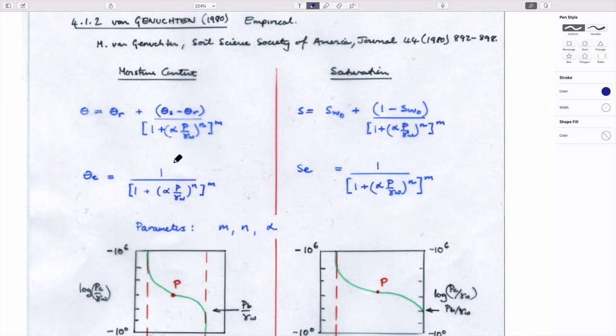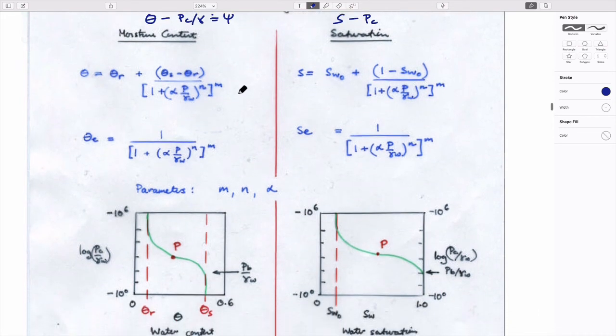So the idea is that you can define moisture content versus capillary pressure curves, or saturation versus capillary pressure curves. I guess these could also be matrix potential curves, since this is the same as matrix potential.